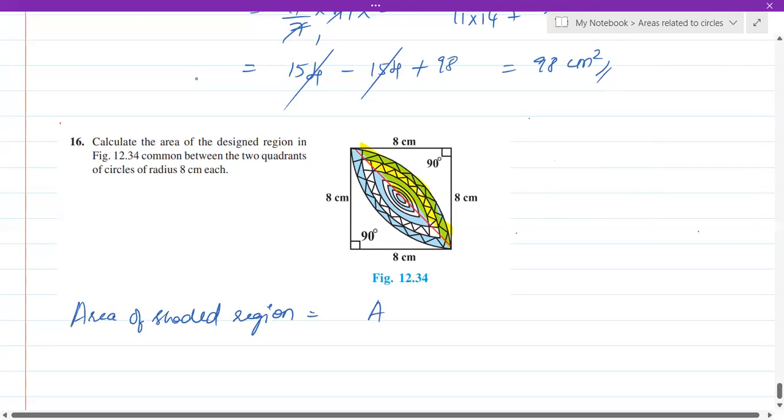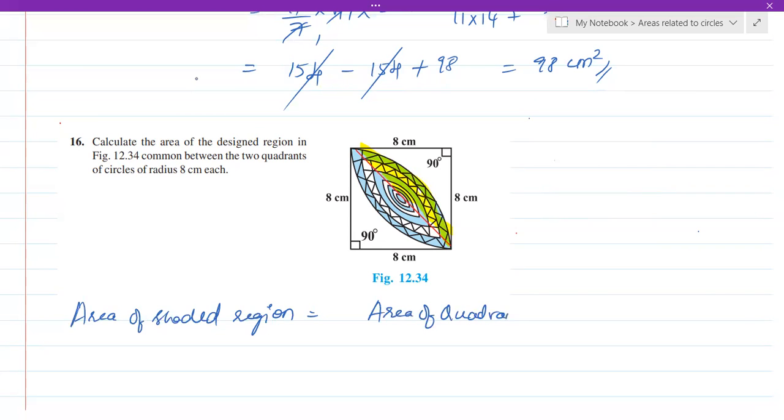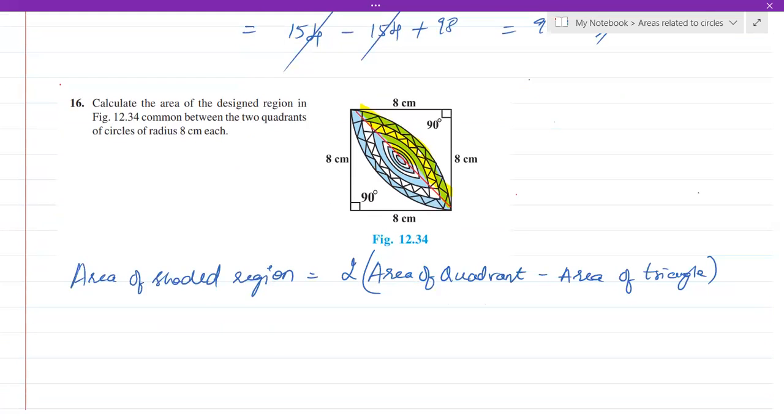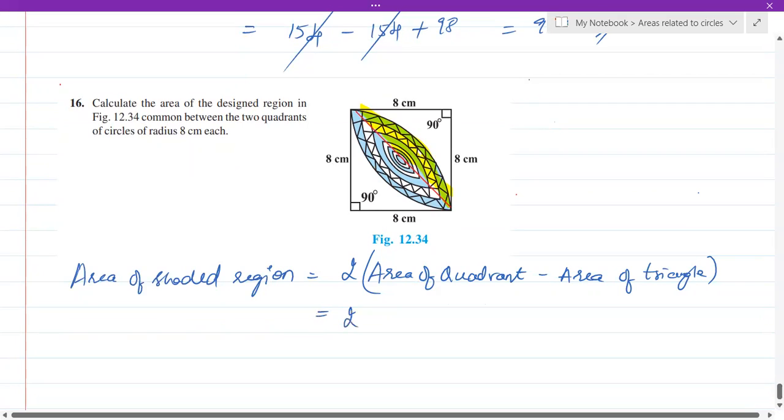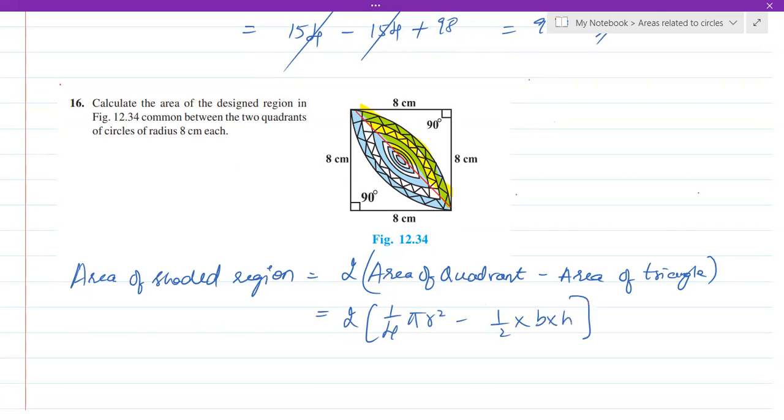is actually equal to area of quadrant minus area of triangle. Okay, area of triangle. But actually we have found only the one part, right? To find the other part, we have to just double it, because both are equal, isn't it? So let's double it. So 2 times area of quadrant is 1 by 4 pi r square minus area of triangle is half into base into height.